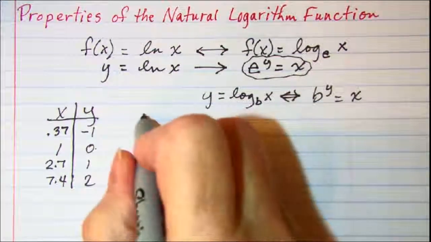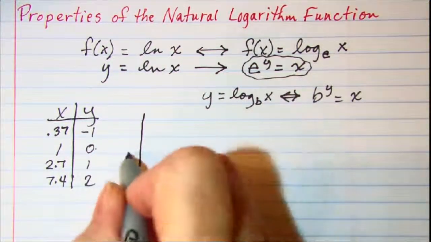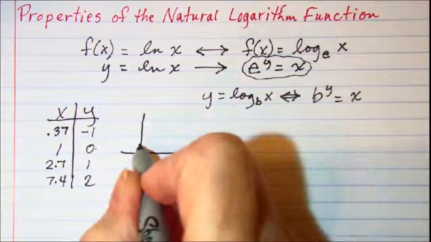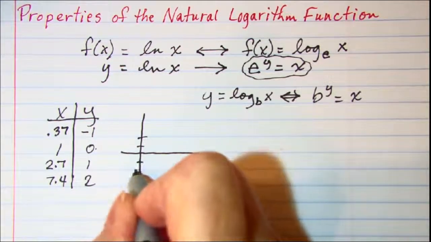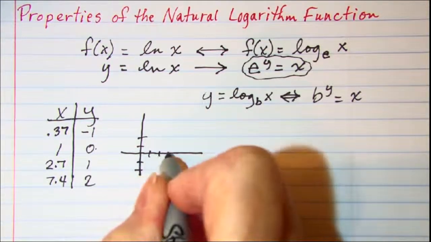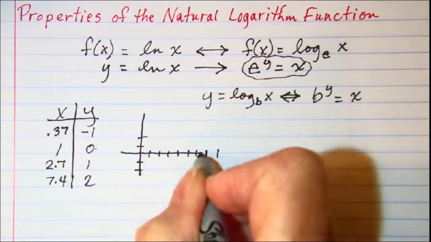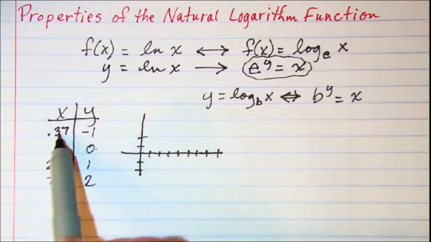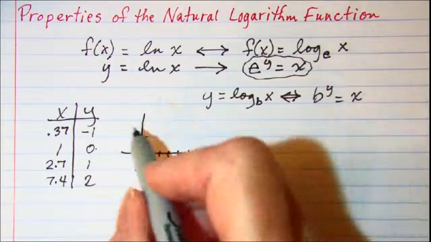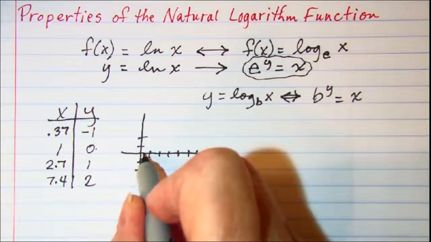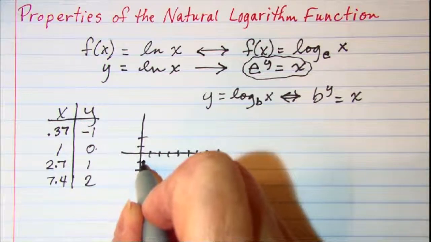So the graph then, when x is about 0.4, y is -1.